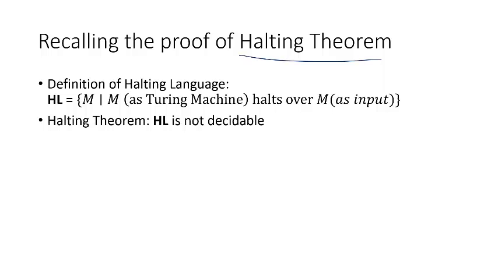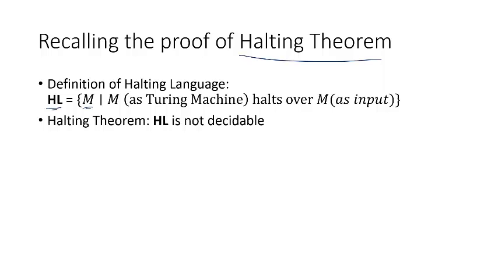Let's call HL a language that contains strings M. Recall that we can encode Turing machines in different ways. Keep in mind one possible way: first you list the states, and then you write down the if-then-else table of the Turing machine, in the easiest way.